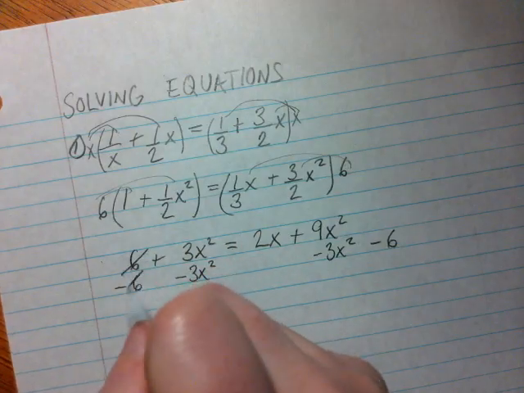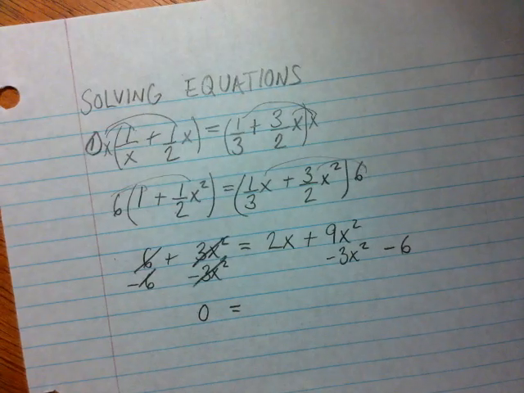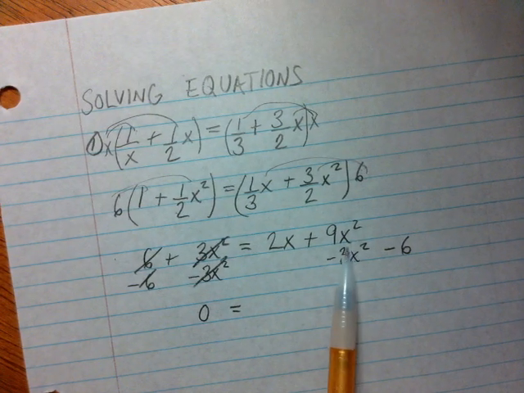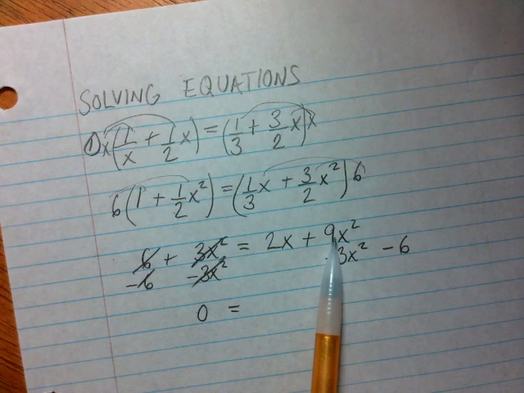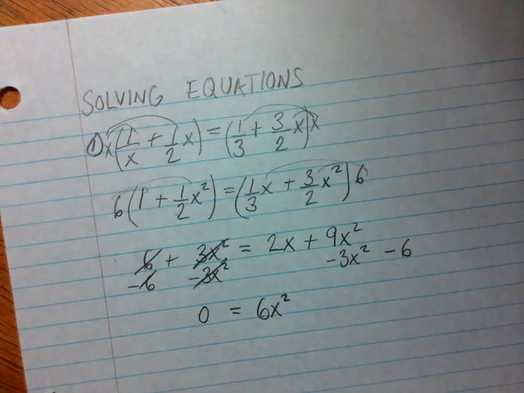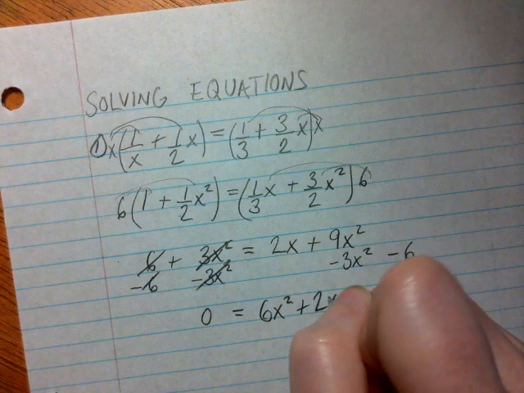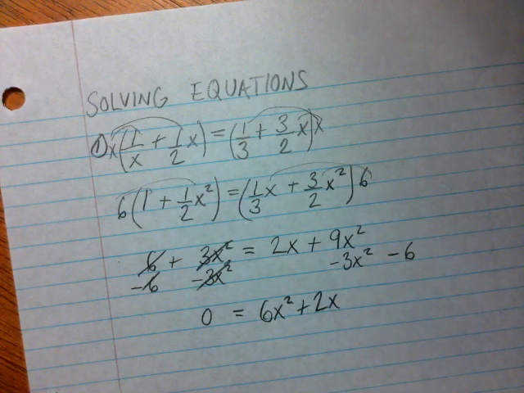Okay, so everything over here is going to cancel. So I'm going to have 0. And on the right-hand side, I'm going to write it with the x squared term first. So 9x squared minus 3x squared, 6x squared. And then I've got this 2x. And then I have this negative 6.